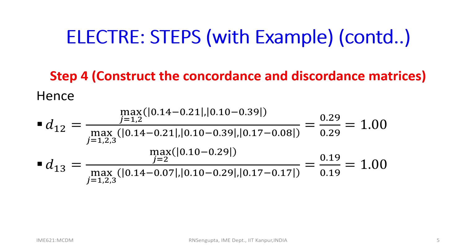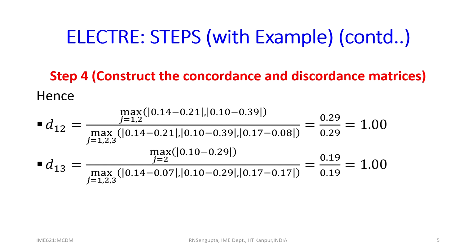So, based on the concordance and the discordance concepts, we have the values of the discordant matrix. So, here, let me use a different color, let me use the green color.